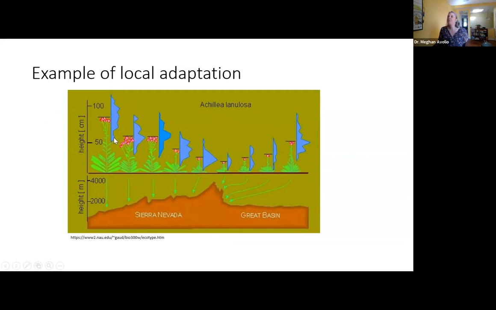You can see this is a big bar at the westernmost source of the range, but on average, plants are about, let's guess, 90 centimeters tall. And then there's a lot less variation right on the edge of the mountain range of the Sierra Nevadas here. And the plants are a lot shorter. Maybe plants are about 20 centimeters tall. And so all of these would be evidence of local adaptations to very different environmental types found across the Great Basin.